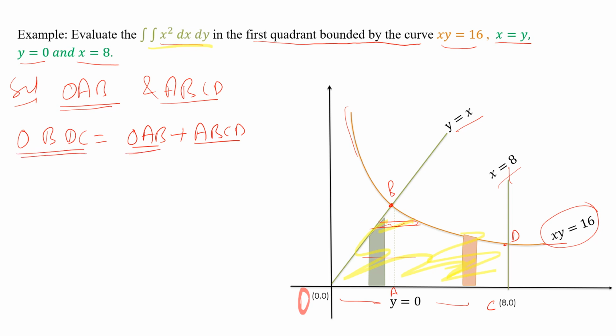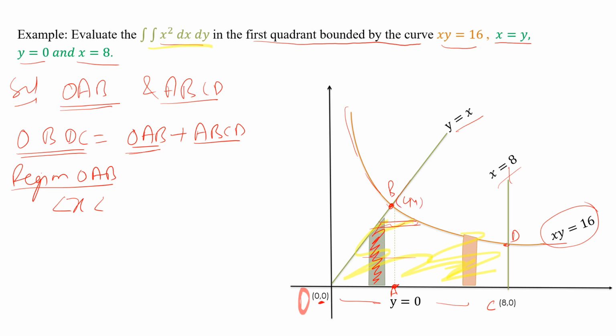When we take the region OAB and take the strip along the y-axis, x varies from 0 to the intersection point of this line and this curve, which is 4, 4.